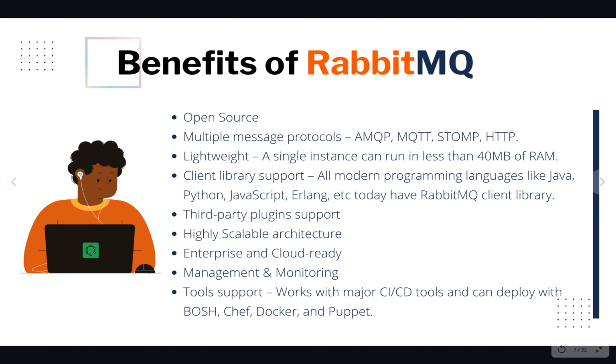So what are the features or benefits provided by RabbitMQ? First of all, it is open source software, so you do not need to pay a license fee to anybody. It supports multiple messaging protocols like AMQP, MQTT, STOMP, HTTP. But as part of this course, we will only use AMQP. It is lightweight. A single instance of RabbitMQ can run on less than 40 MB of RAM.